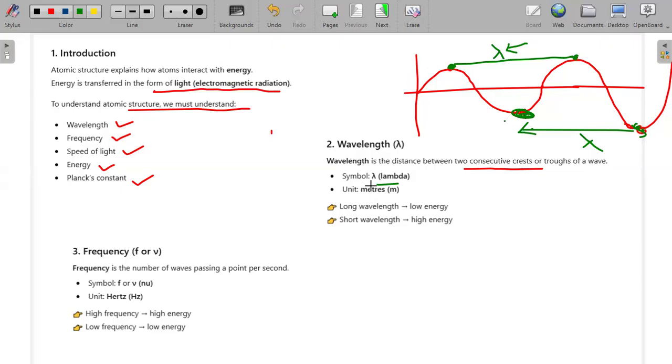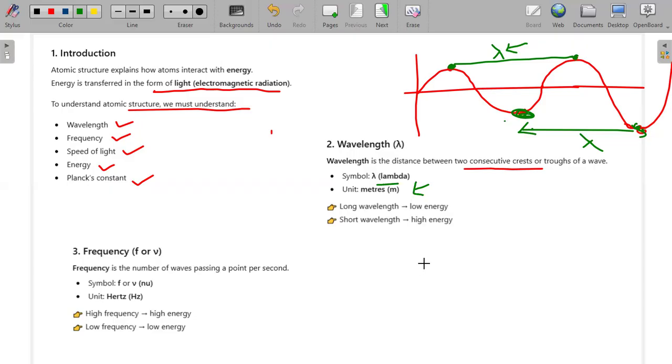Then the units for the wavelength. Most of the times to do our calculation, we always have to express the wavelength in meters. The wavelength is inversely proportional to the energy. Meaning that when you have a very long wavelength, you expect your energy to be very low.